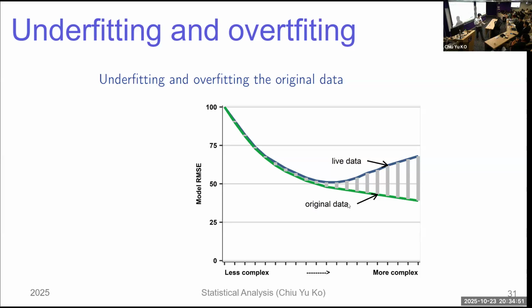Not too complex, not too simple. This is what machine learning tells you: don't overfit. Of course, large language models are different. That's what we call double descent, but let's forget about this. It's always a U shape.